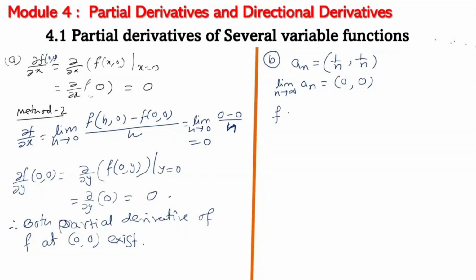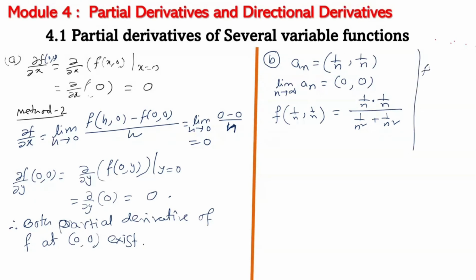But f of (1 over n, 1 over n) is equal to, recall the function f(x,y) equal xy over x square plus y square, so it is 1 over n times 1 over n over 1 over n square plus 1 over n square.